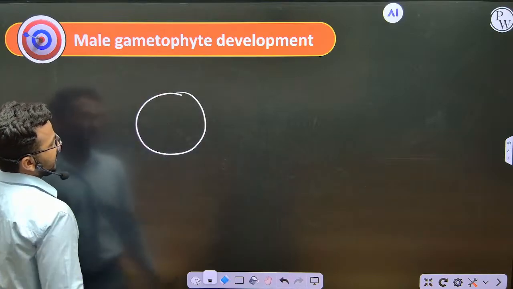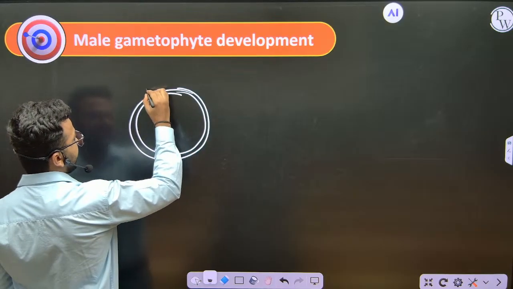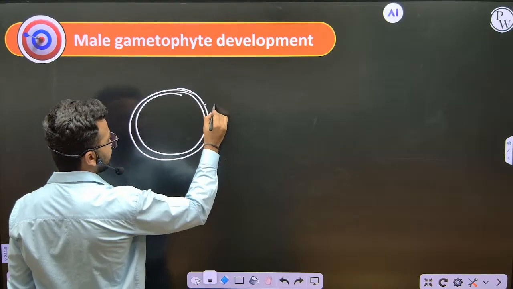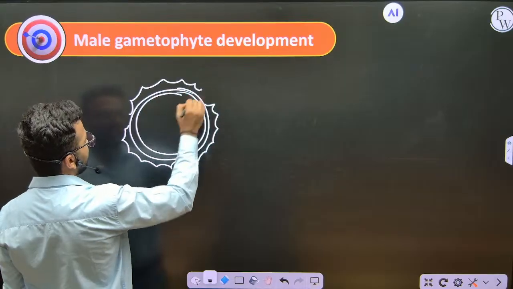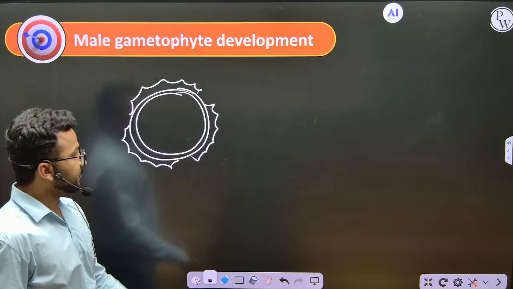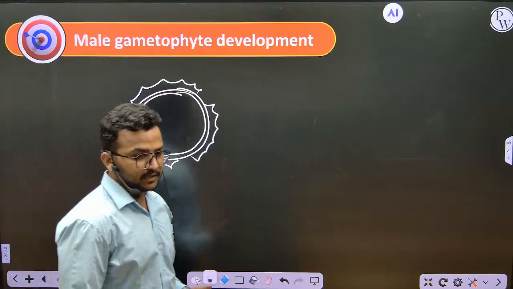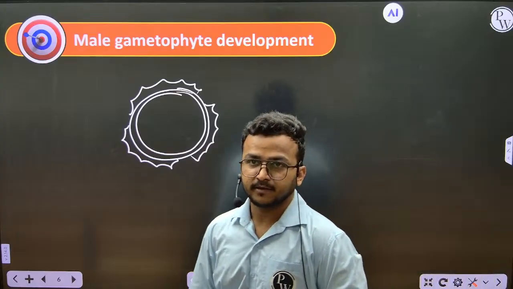That is, cell membrane is there, and next to that intine is there, next to that exine is there. This exine is discontinuous and it is made up of sporopollenin, and it is hard. It is a hard substance which cannot be dissolved by any organic enzymes or any acids also.